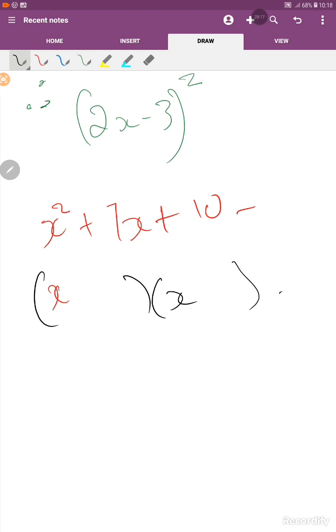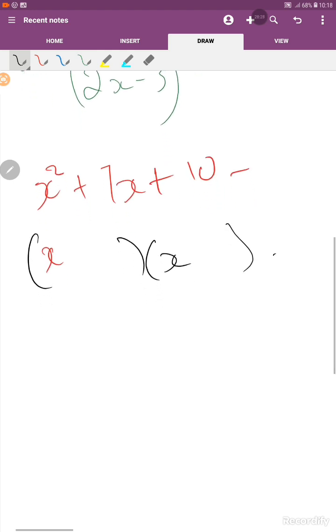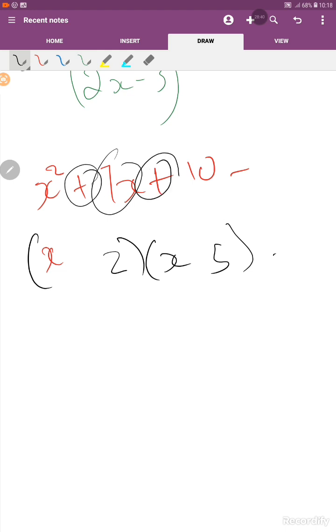Therefore, the numbers that you multiply must give you 10, and when you add them must give you 7. What do we have? We have 2 and 5. Because of the sign here, we have positive and positive, meaning that our answers inside our brackets are going to be positive and positive.